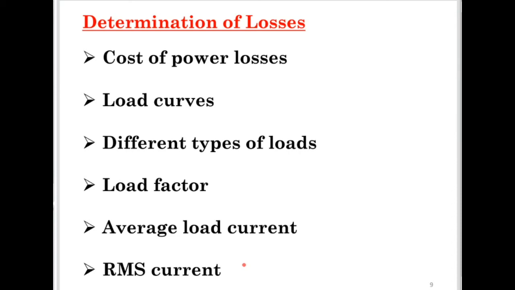So what is the relationship between the average current and RMS current that you should have learned in second year or first year? What is the relationship between average value and RMS value of current or voltage?